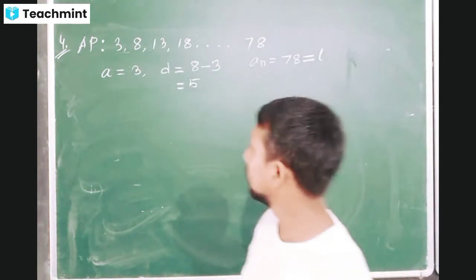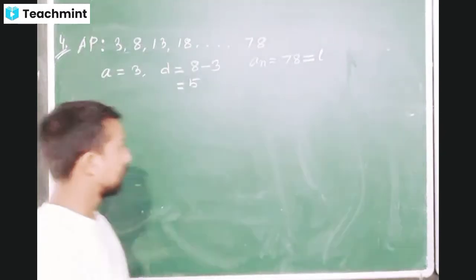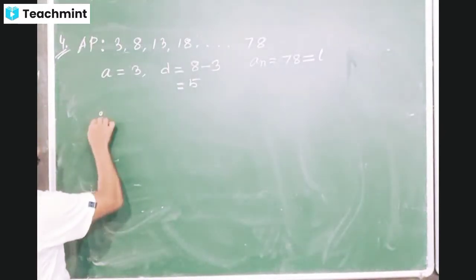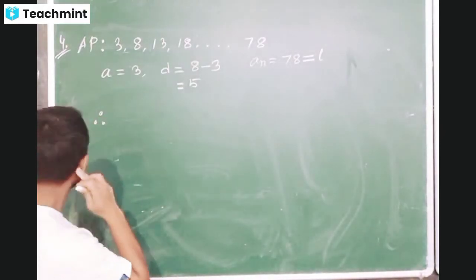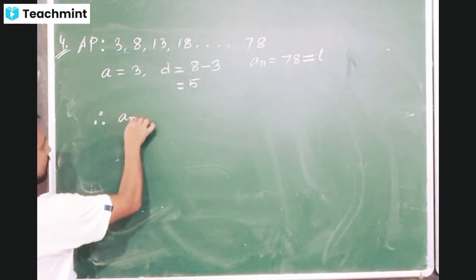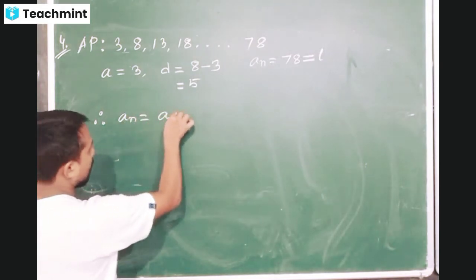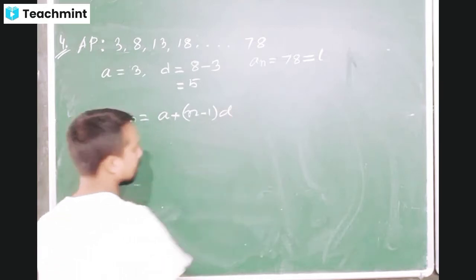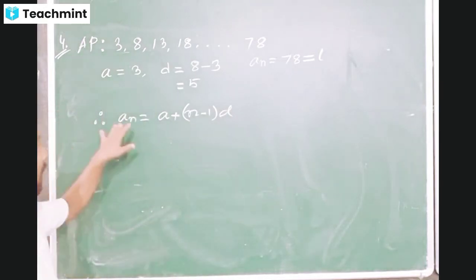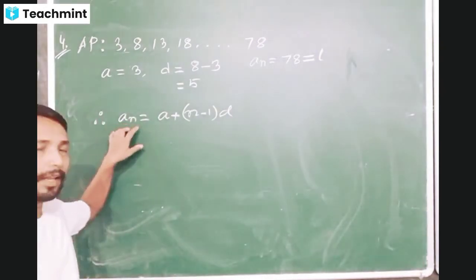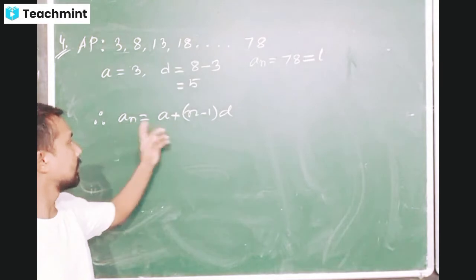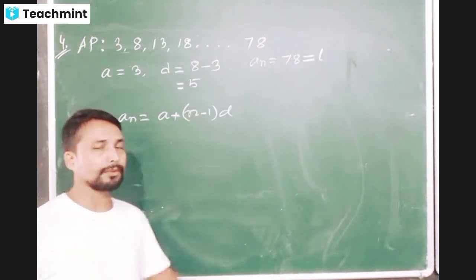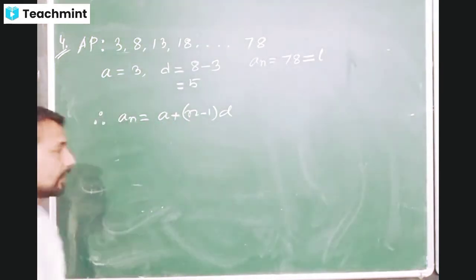Since a_n equals a plus n minus 1 into d, the nth term or last term we can say, is equal to a plus n minus 1 into d.